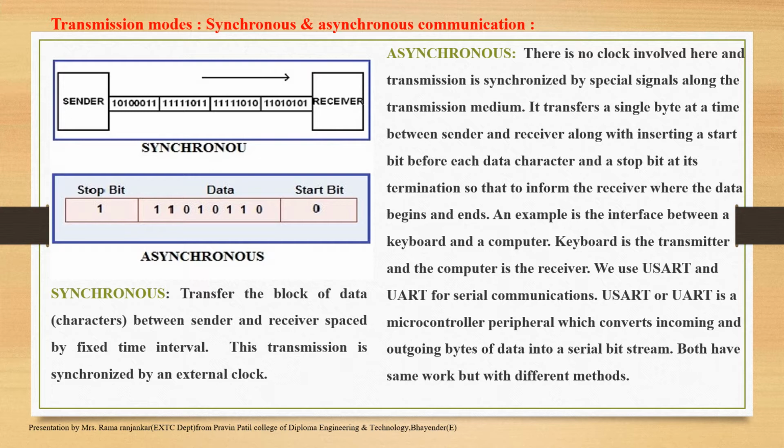Keyboard is the transmitter and the computer is the receiver. We use UART and USART for serial communication. UART or USART are microcontroller peripherals which convert incoming and outgoing bytes of data into a serial bit stream. So both do the same work but with different methods.